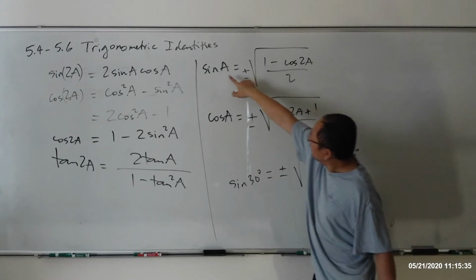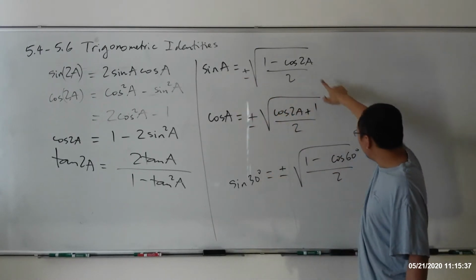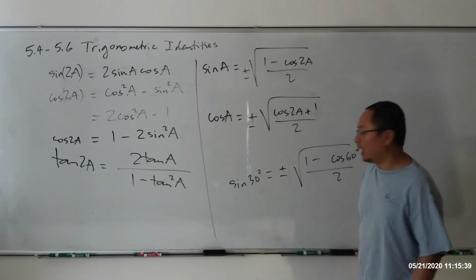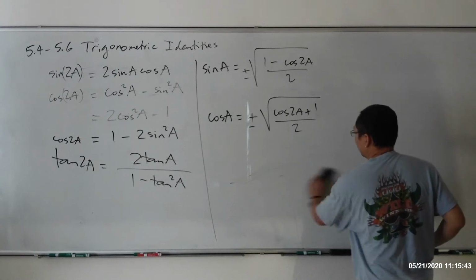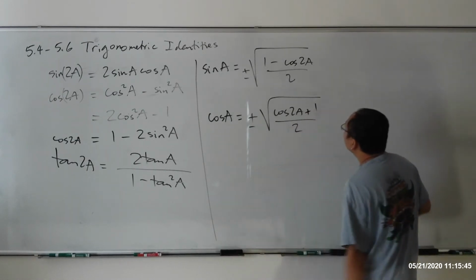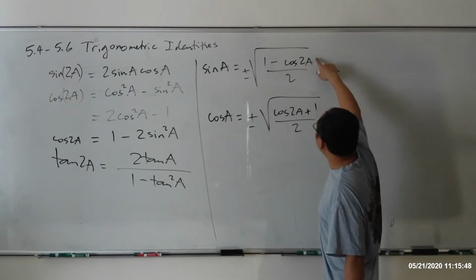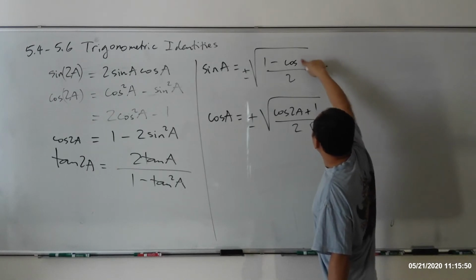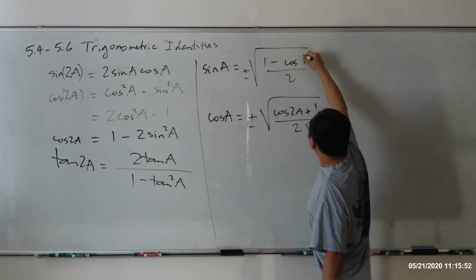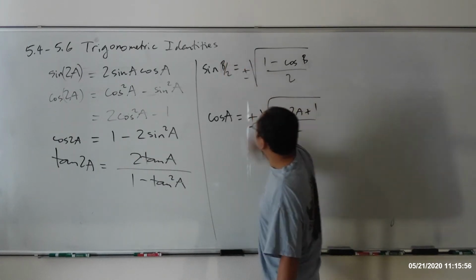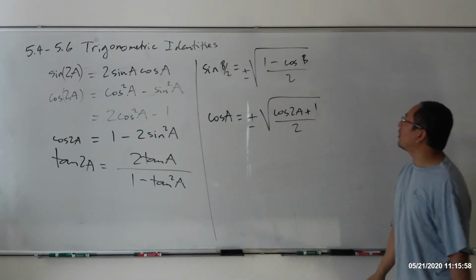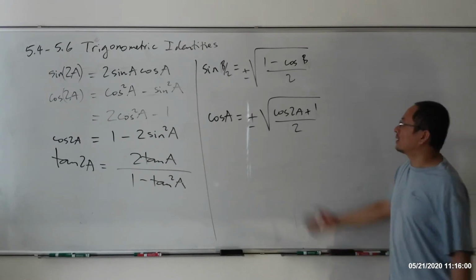If I think of A as 30 degrees, then 2A is 60 degrees, and so forth for any angle.